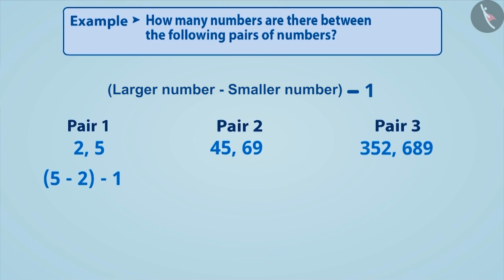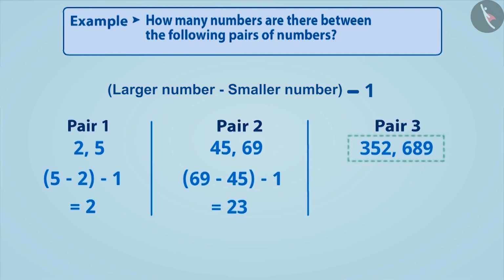By doing so, we can say that there are two whole numbers between 2 and 5. Similarly, to find the whole numbers between 45 and 69, we will find the solution of 69 minus 45 minus 1. After finding the solution, we can say that there are 23 whole numbers between these two numbers.